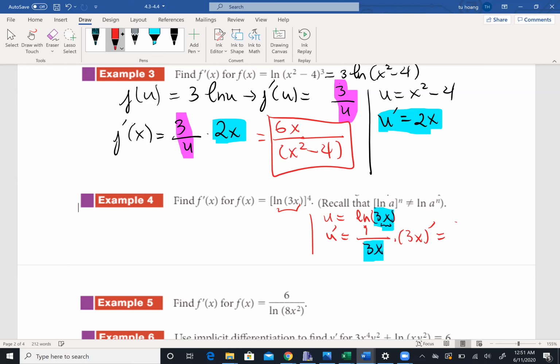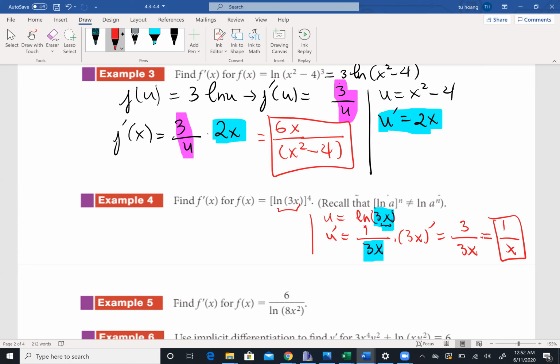That will give you 1 over 3x times 3. And I just combine that 3 with number 1 to get 3 over 3x. And now you have 1 over x as the inside derivative, or u prime.